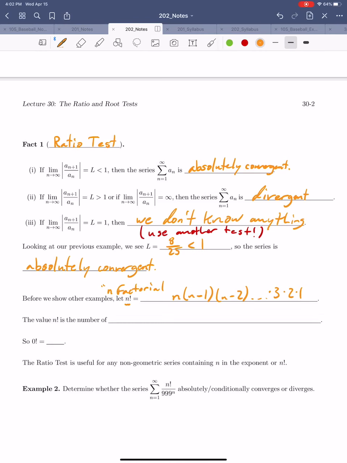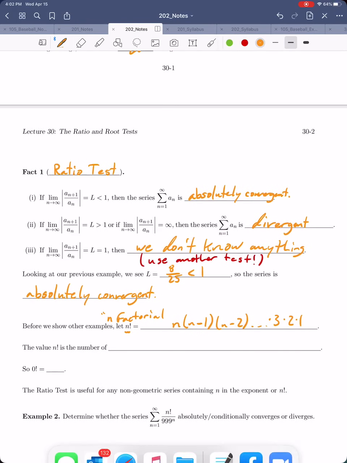N factorial, we may have just brought this up out of nowhere, but I promise you we're going to use it in a little while. N factorial is the number of ways to order n distinct objects, like lining up n different people in a row, or permuting the numbers 1 through n.